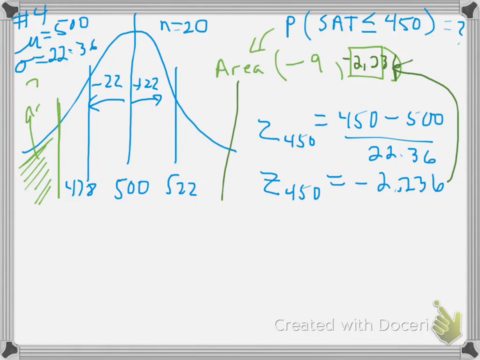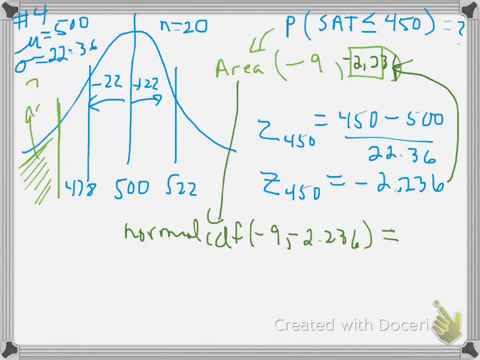So that area, when I calculate it, normal CDF of -2.236, gives me this area. Okay, so when I do that, I get this kind of an area. So what's the chance that a sample of 20 students will have a mean SAT score of 450 when the average is 500, plus or minus 100 SAT points? It's only a 1.3% chance.